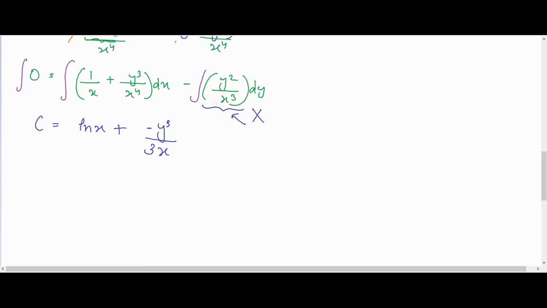So there is nothing more that needs to be done. This is the solution, so we can write it a little bit neatly, I guess. So ln of x minus y cube divided by 3x. This is the solution of our differential equation.